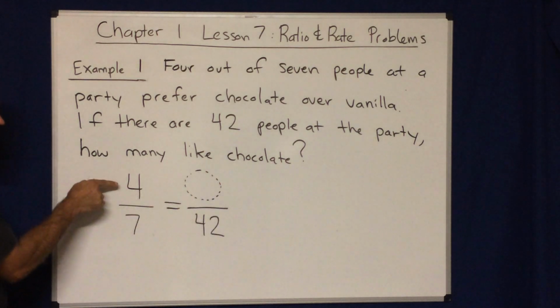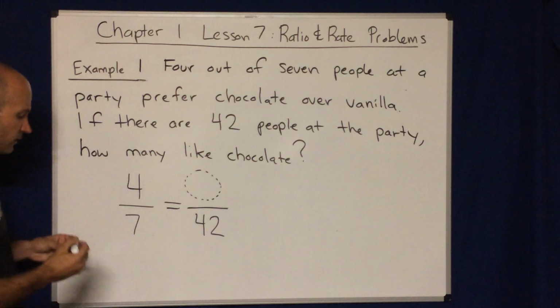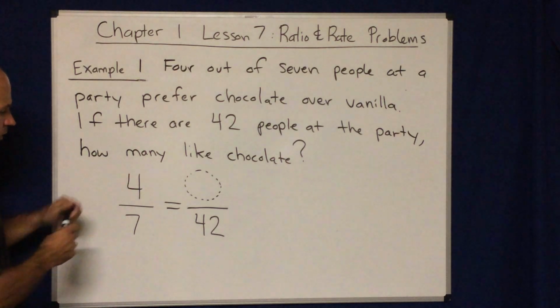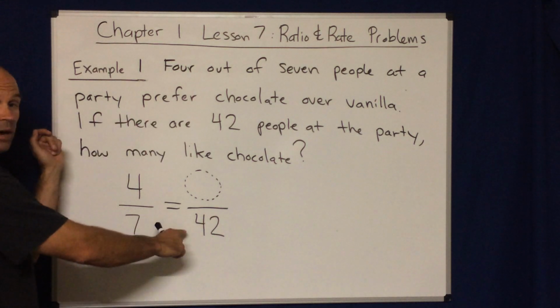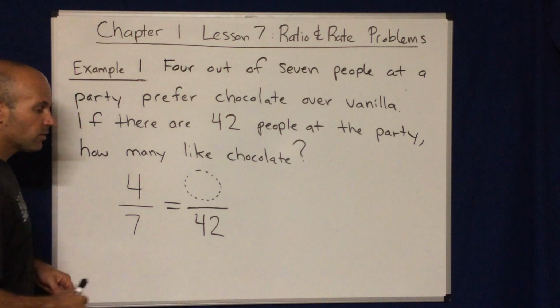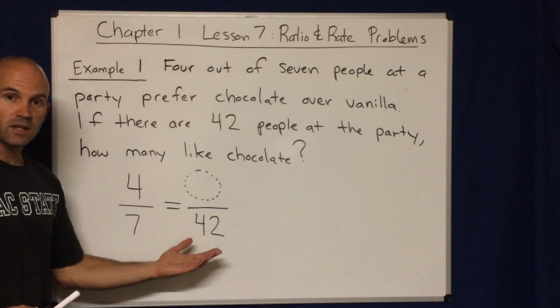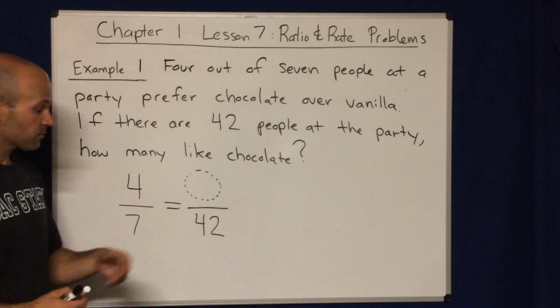So it is important that our numerator here is counting preferences towards chocolate. So I want to replace this 4 over 7 with an equivalent fraction where my denominator is now 42. So I just think of the two possible operations I showed you in the beginning. How can I go from a 7 to a 42 by either multiplying or dividing?